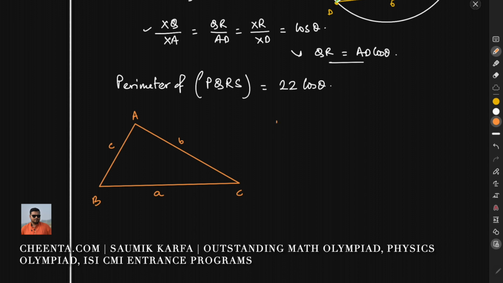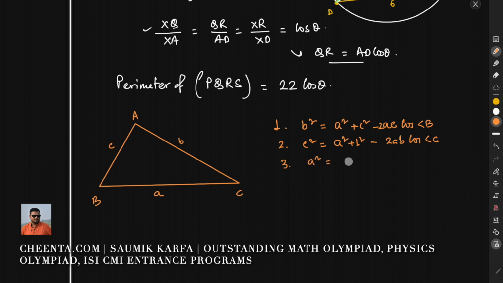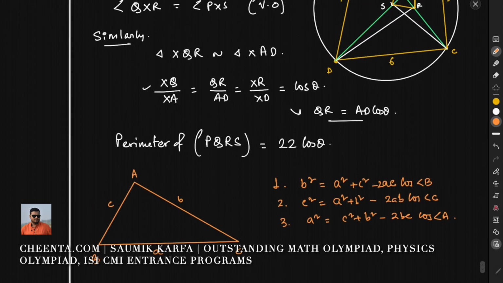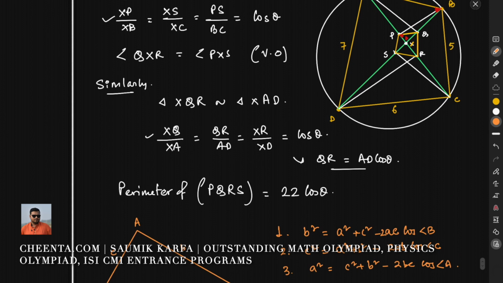Then we can say three things. b squared should be equal to a squared plus c squared minus twice of ac cosine of the angle B. Similarly, c squared should be equal to a squared plus b squared minus twice of ab cosine of angle C. And third, a squared should be equal to c squared plus b squared minus twice of bc cosine of angle A. Now using these properties, we can find some relations on theta here.